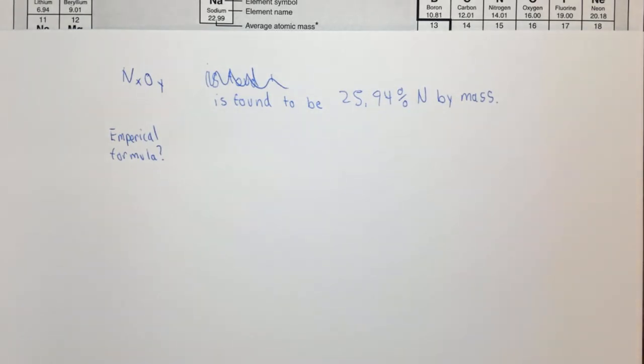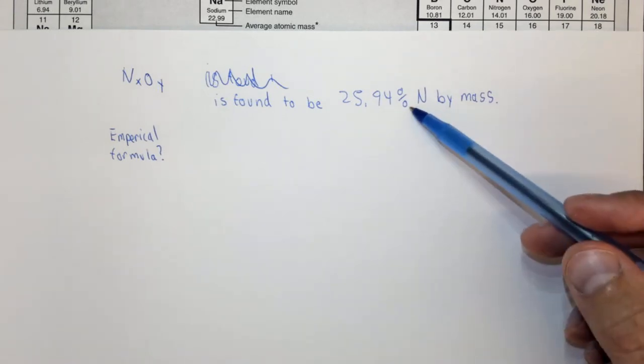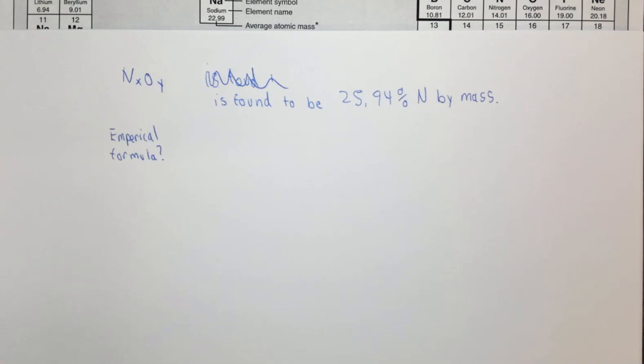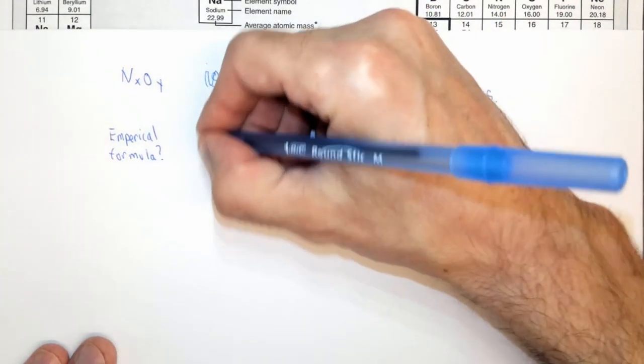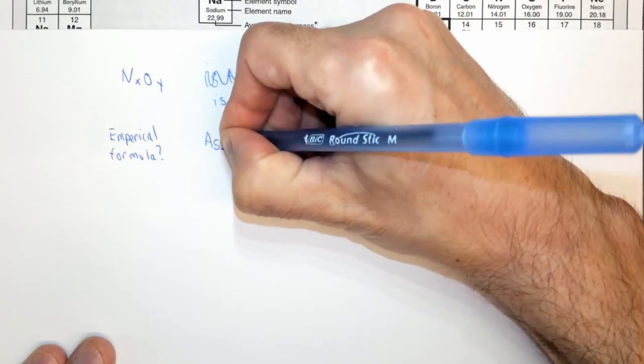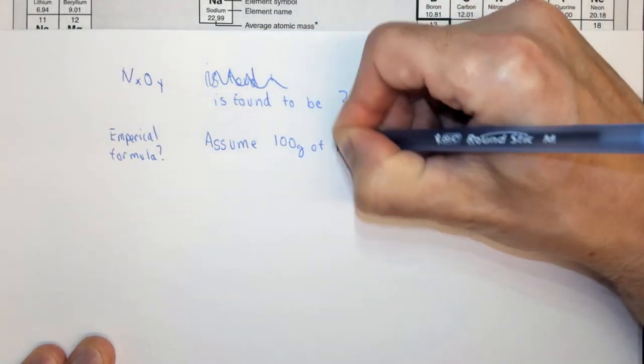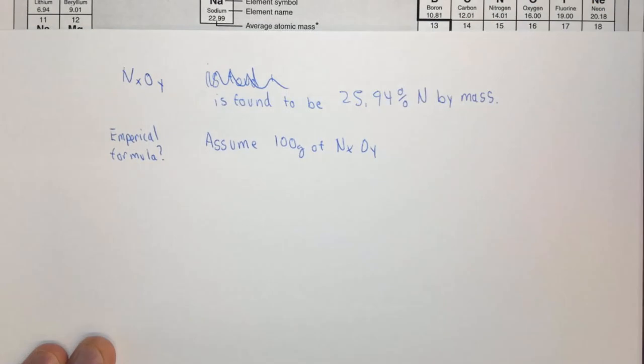Well, how do we find the empirical formula? We're given a percentage by mass, which was the first thing we did, and we're asked for an empirical formula, which is the second thing that we did. Here what you want to do is assume that you have 100 grams of NxOy. And here's why.